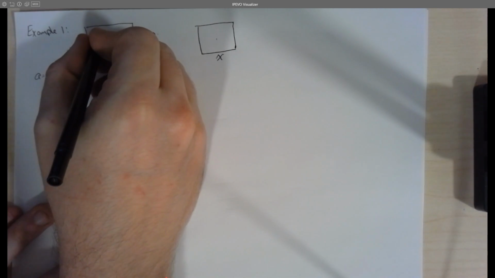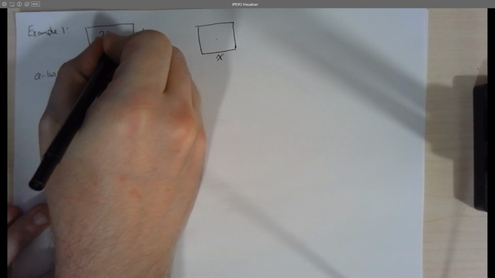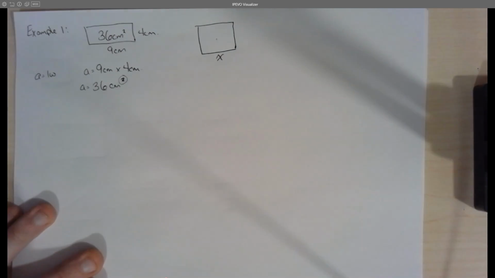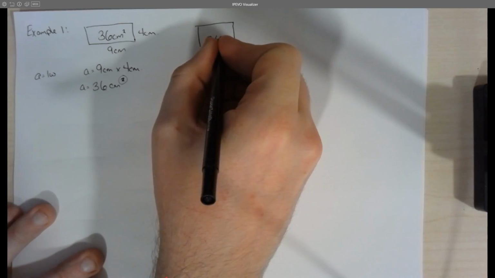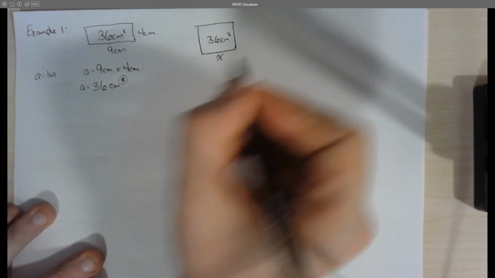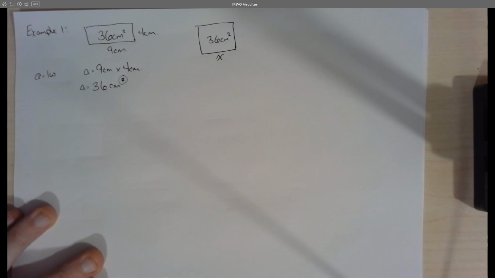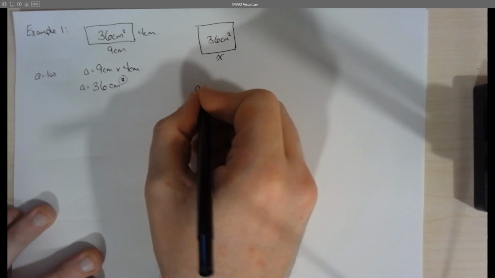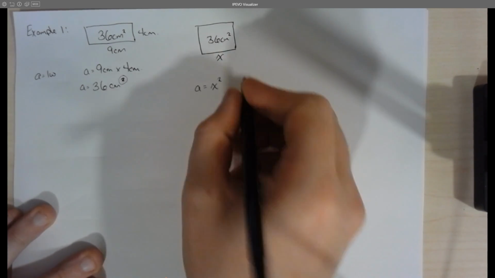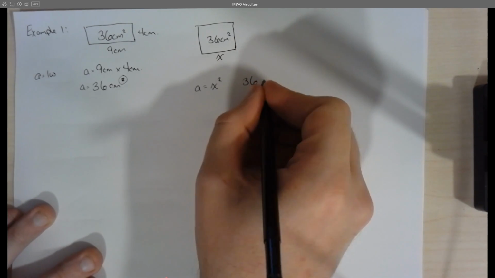Okay, so we know the area of this is 36 centimeters squared. And then we also know that our square has the same area, 36 centimeters squared. So then it asks us, find the value for x. Okay, so to figure out, I have to work backwards here. If you remember, area equals x squared. I know area. Area is 36.